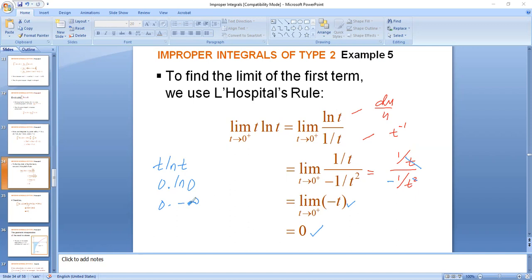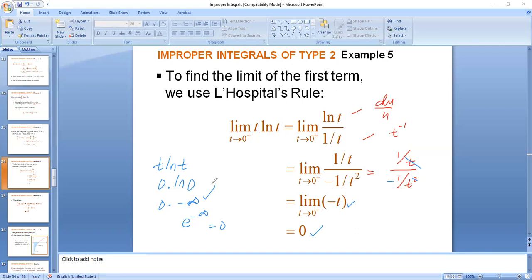Why do I say it's negative infinity? Because we know that e raised to negative infinity is 0. If you raise this to e, that would be 0, so these two will be equal. That is why you have negative infinity there.